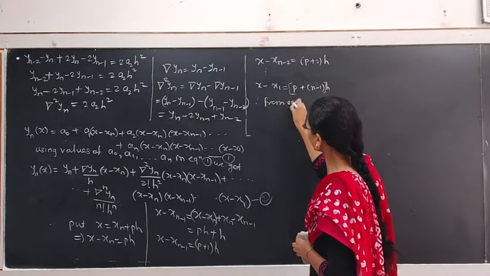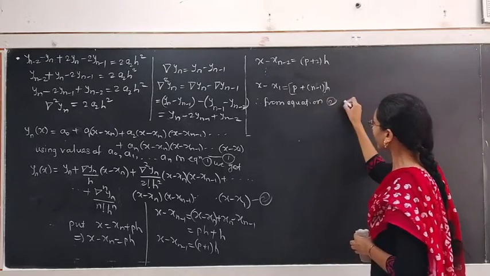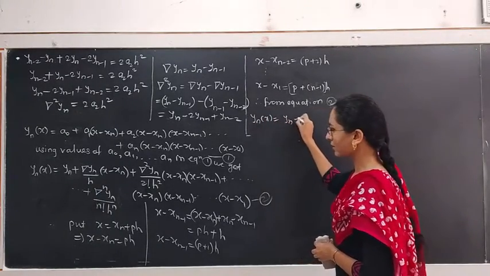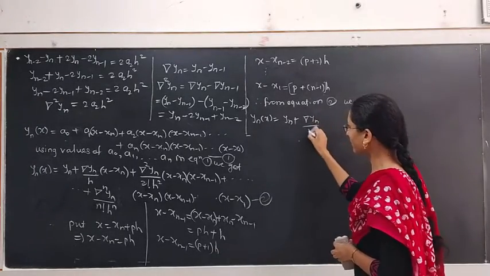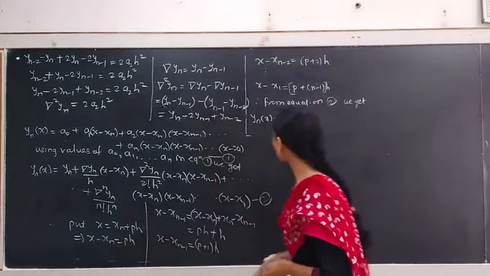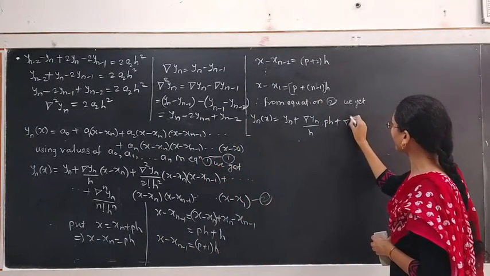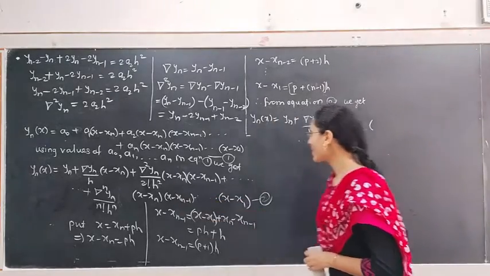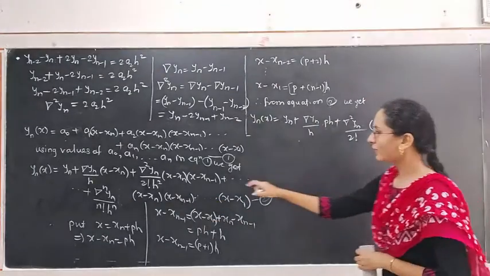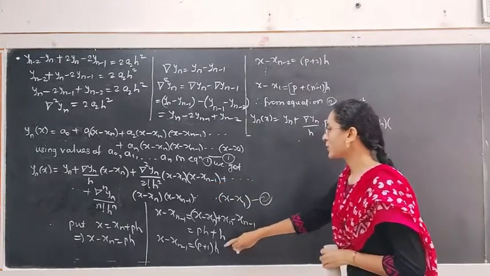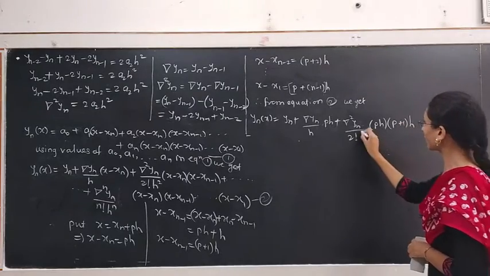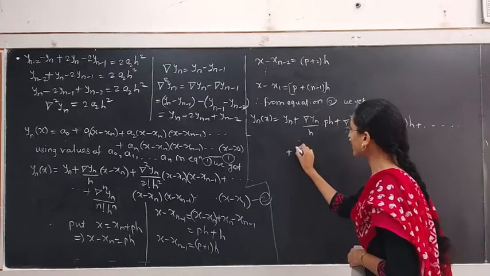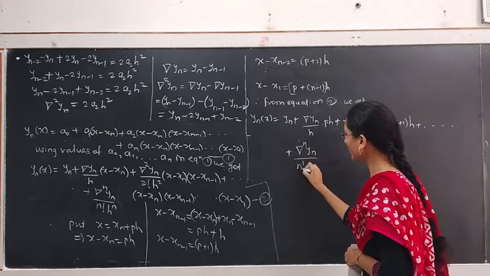Therefore, from equation number 2, we get yn of x equal to yn plus del yn upon h into (x minus xn) is ph, plus del square yn upon 2 factorial into (x minus xn) is ph into (x minus xn minus 1) is (p plus 1) into h, upon this h factorial is n, plus the last term is del raised to n yn upon n factorial h raised to n.